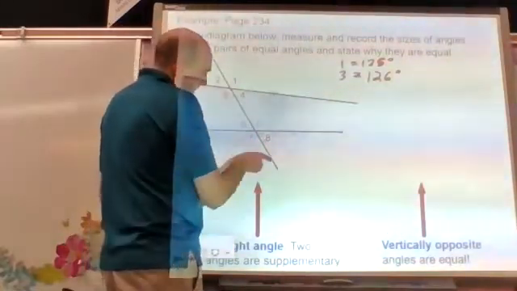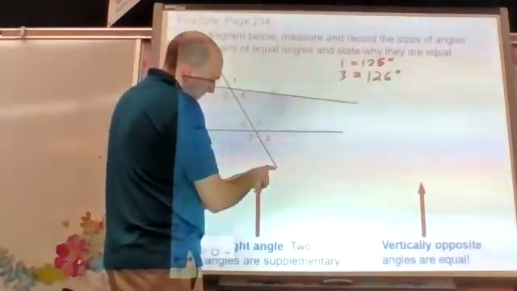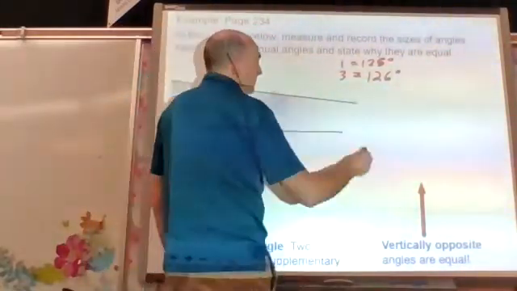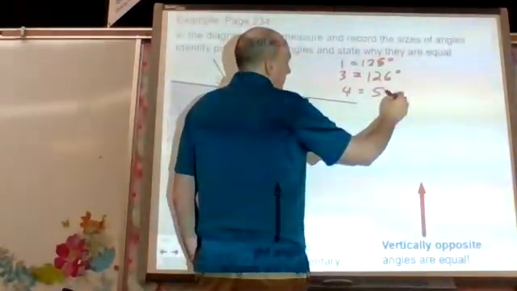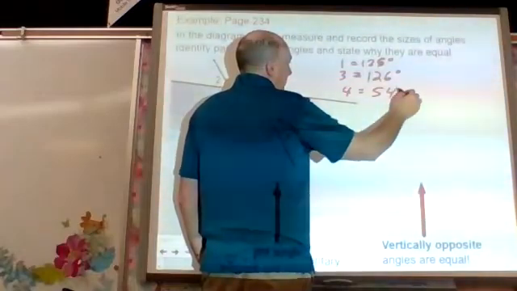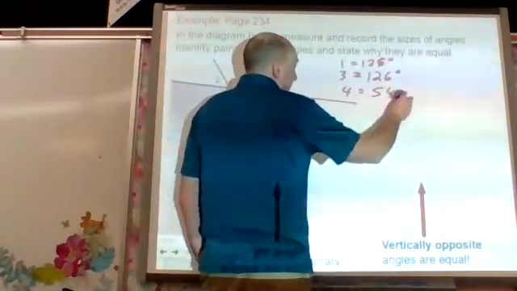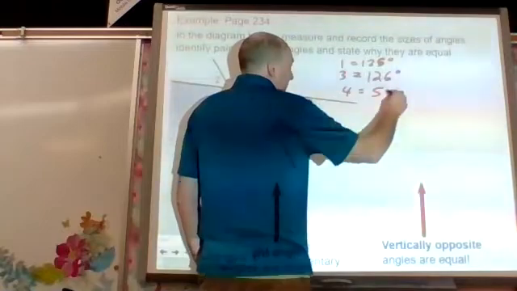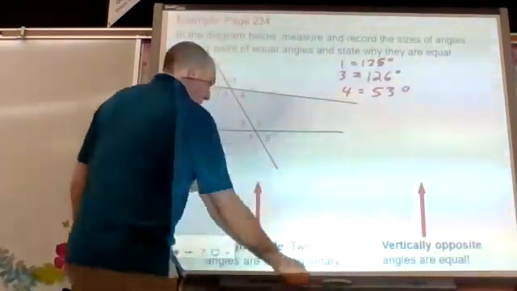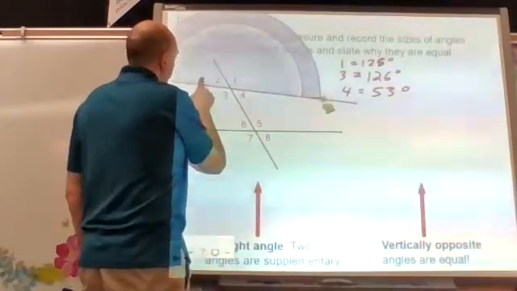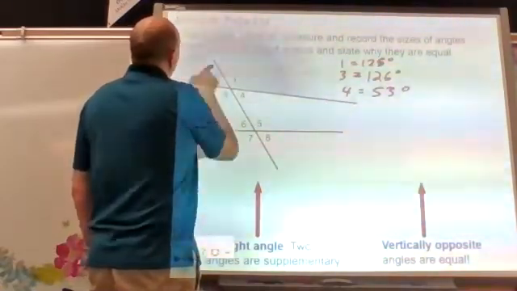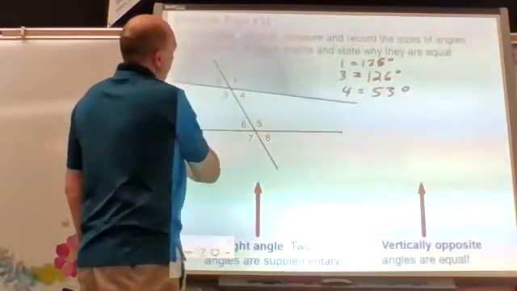What's 4? Well, I can see 4 here as well. This is 53 degrees. I should write it as 53, shouldn't I? That's clearly what it's showing right now. And if I want to also measure angle 2, it goes back here. Oh yeah, I took an estimate because my line didn't go far enough.